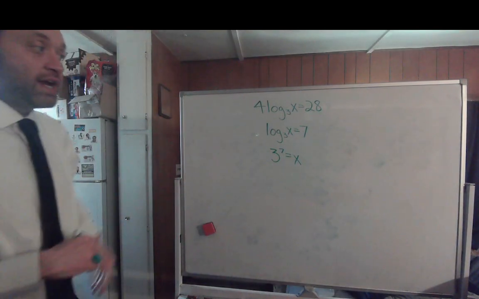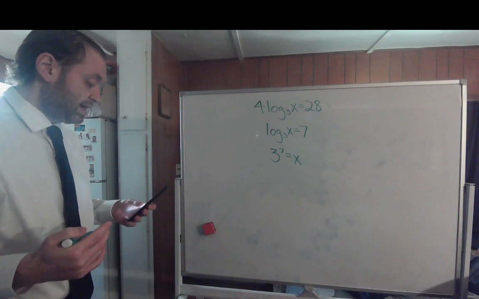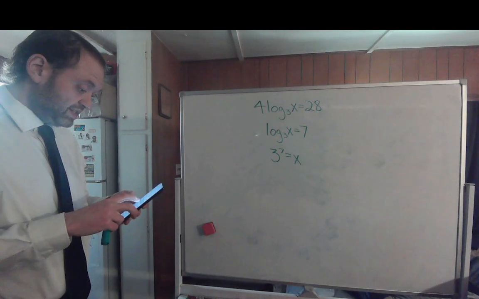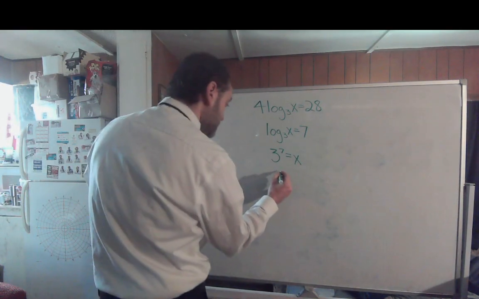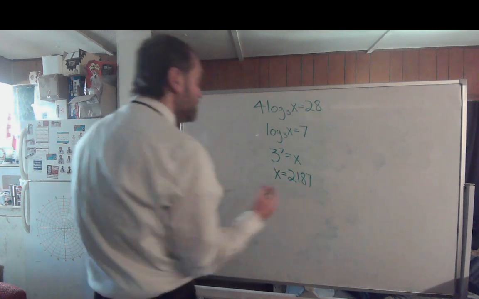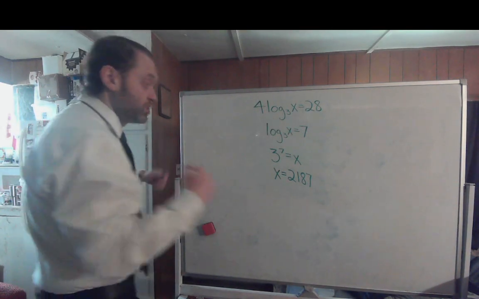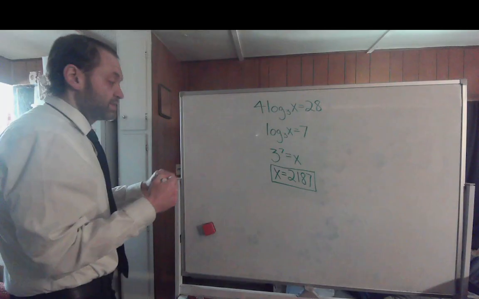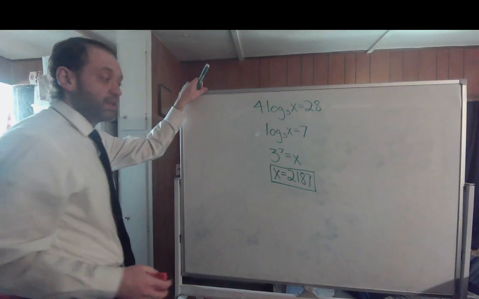So let's just find out what 3 to the 7th is. It's not going to be a pretty number. It's going to be pretty high up there. 3 to the 7th power is 2,187. So x would equal 2,187, which if you put in that value of x, it's greater than 0, so it is defined. So yes, this solution of x equals 2,187 actually does work.